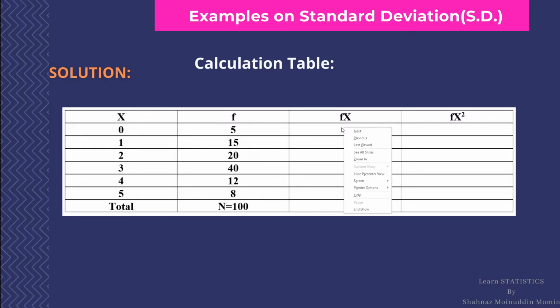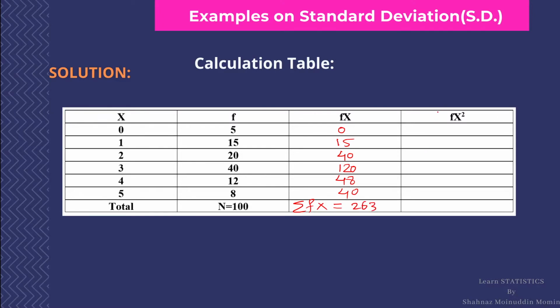Next value is 1 into 15, 15. 2 into 20, 40. Similarly 3 into 40, 120. Like that 48 and 40. By taking the sum, we get summation f into x is equal to 263.